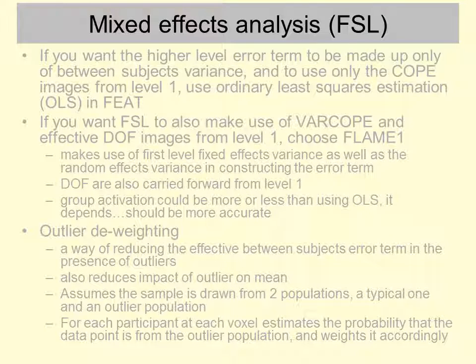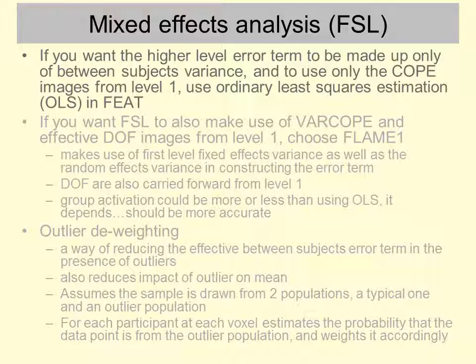So let's take a look at the various higher level analysis options available in FSL, in particular the mixed effects analysis. But if you want the higher level error term to be made up only of the between participant variance, without taking into account the lower level estimates of variance from modelling the time courses, then select OLS, ordinary least squares, in FEAT.